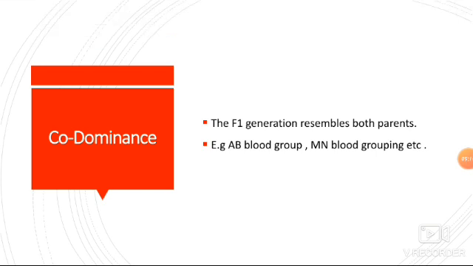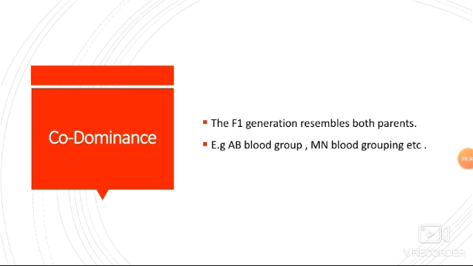The effect of both the alleles is equally expressed in codominance. There is no mixing of the effect of the two alleles. As we have discussed, there is no blending, there is no mixing, there is no intermediate stage in codominance. But the effect of both alleles is equally expressed. Both alleles produce their effect independently.